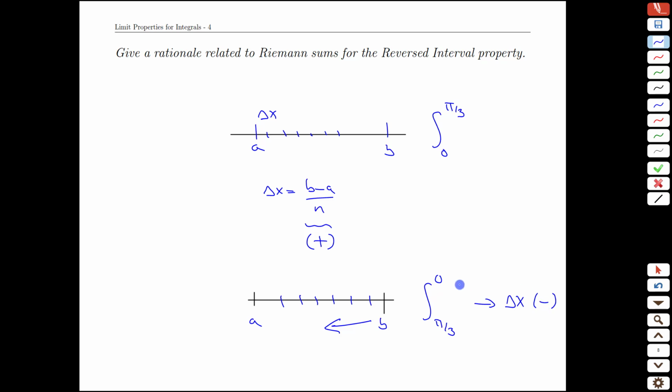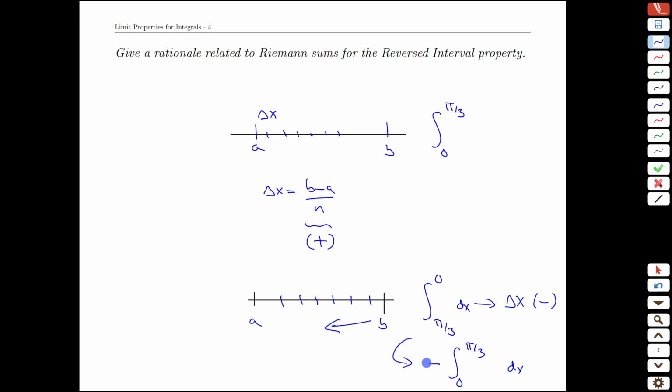If we want to bring that negative out front, we can bring that negative out front and then turn it into the positive direction, 0 to pi over 3. So we can change the order, but if we do that, we're also changing the sign of the delta x or the dx in our integral. And so we have to account for that by popping a negative sign out front.